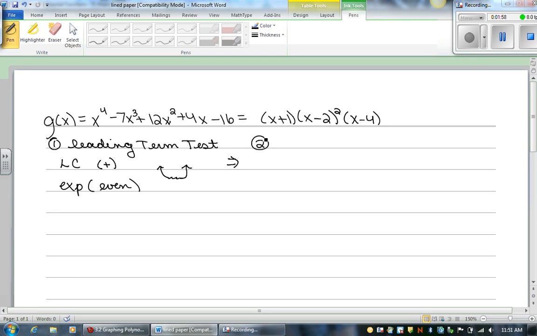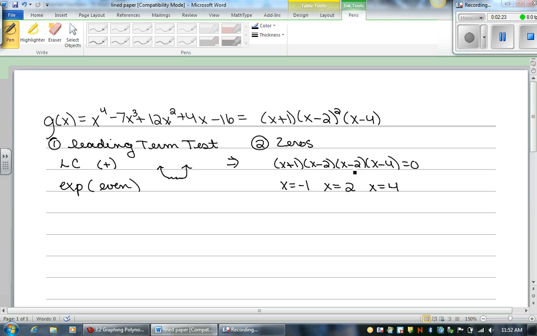Step number 2 is to find the zeros. Since it's already in factored form for you, we've made this much easier. Since it says squared, we can write that twice. All I'm doing is taking it, setting it equal to 0, and then very quickly I can go through and find my zeros.